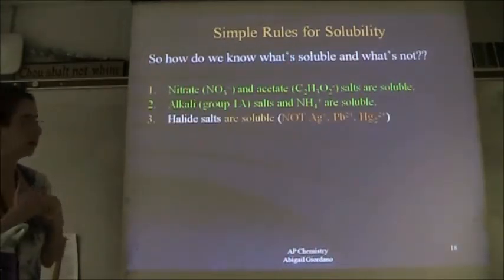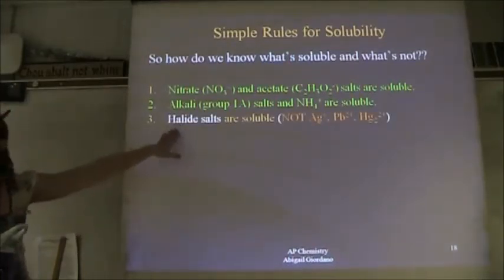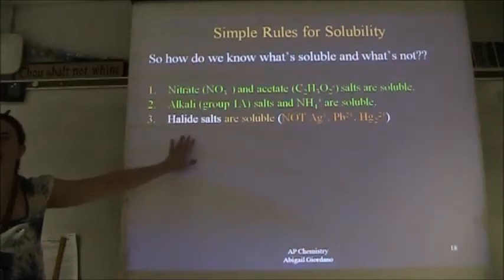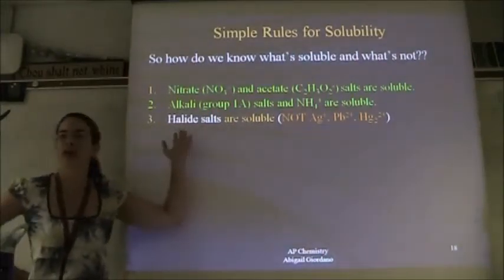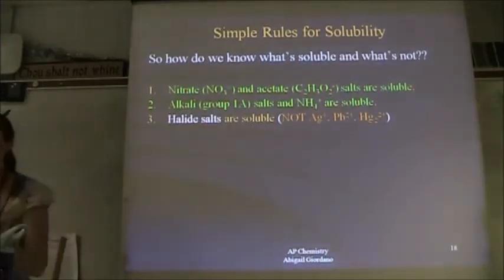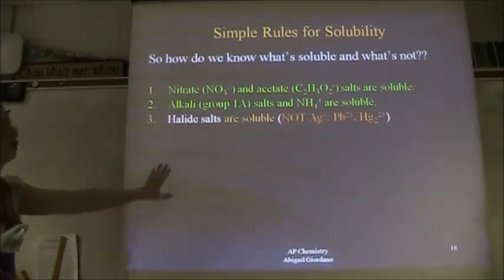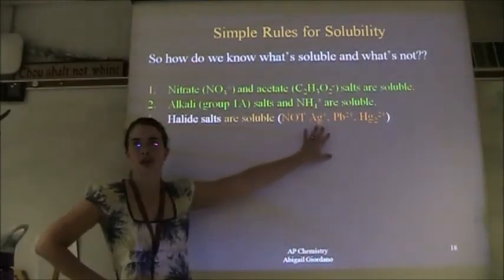What else is there, though? What do you think I mean by this word halide? What does that sound like off the periodic table? Halogen, okay? This means a salt, any salt that contains a halogen. However, there are some exceptions.